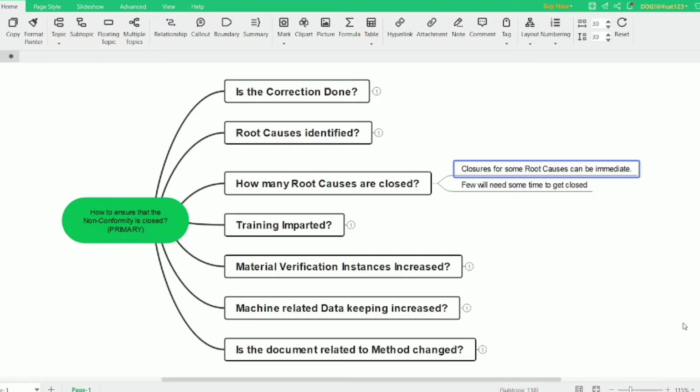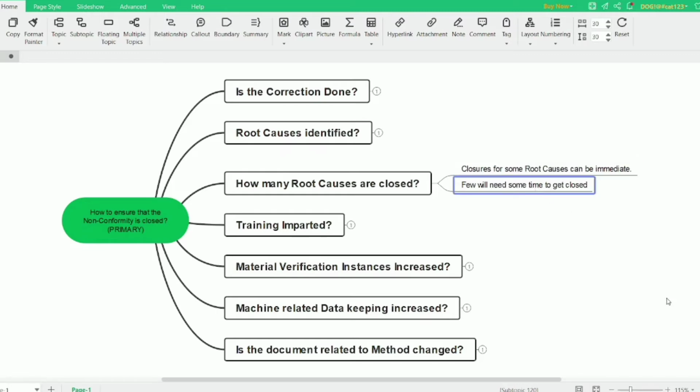Count those machines and ask the fabricator to fabricate the same part for every machine we have. Also inspect the machines which have guards but they are ruined, torn off, or rusted. If this is the condition, then you have to replace the guards. So some closures for root causes can be immediate. Some closures would need some time to get closed.